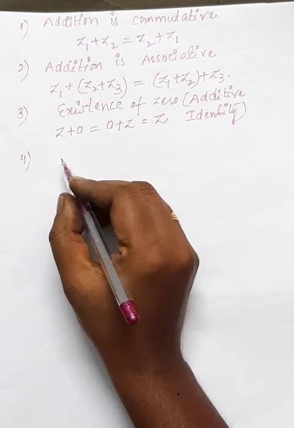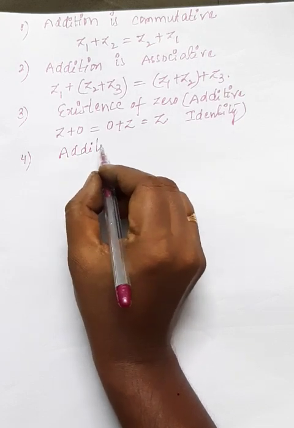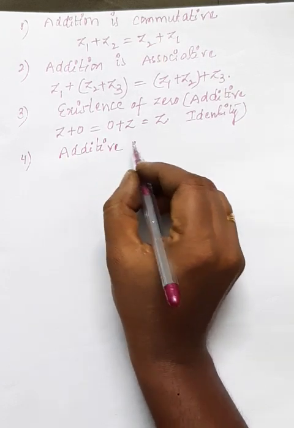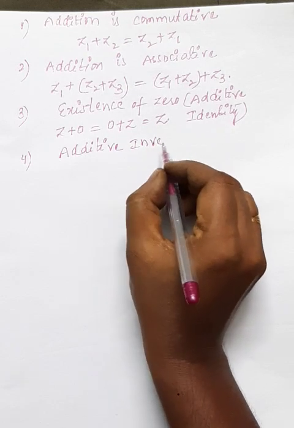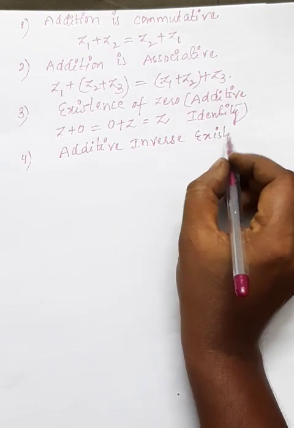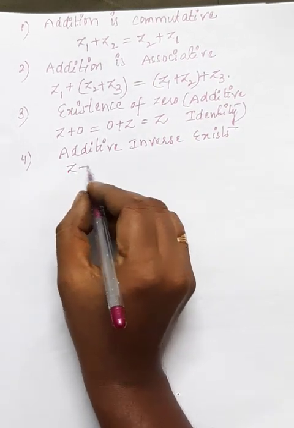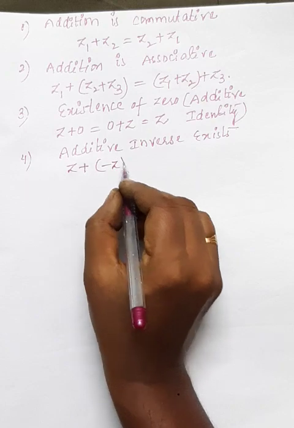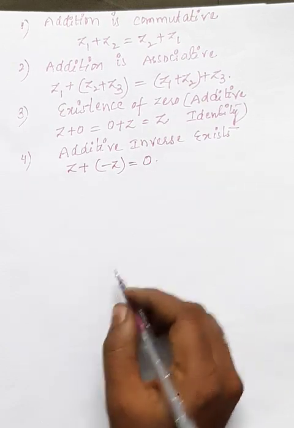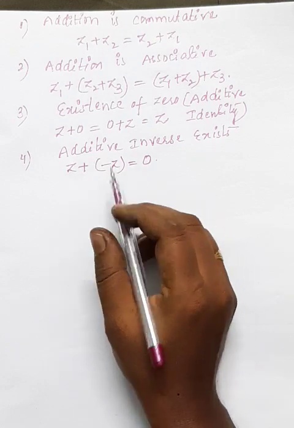Next, the existence of additive inverse. That is, z plus minus z is equal to 0, where minus z is said to be the additive inverse of z.